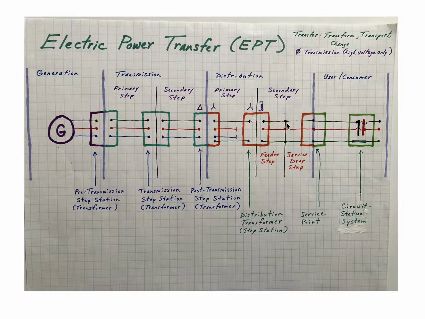In other words, you'll see up here when you get to a point where your service drop is connected, you'll see that these conductors are bundled. They're wrapped around each other, and it's called a triplex. Some people call it a triplex or just a bundle. But sometimes you'll see that there's a feeder step.